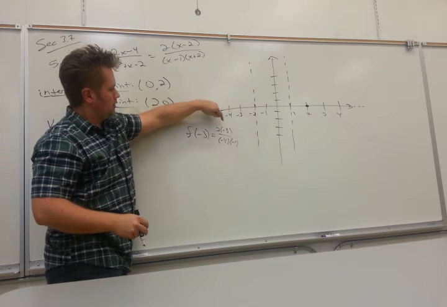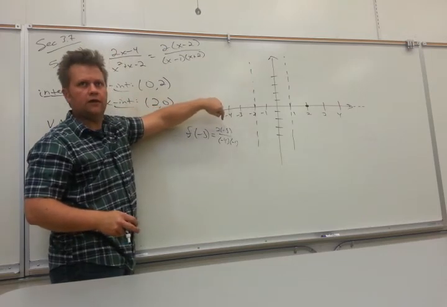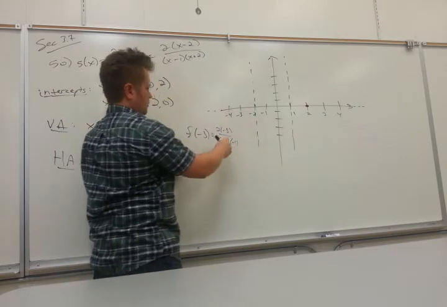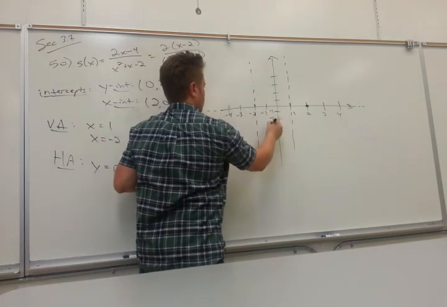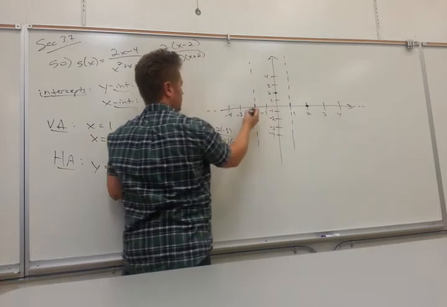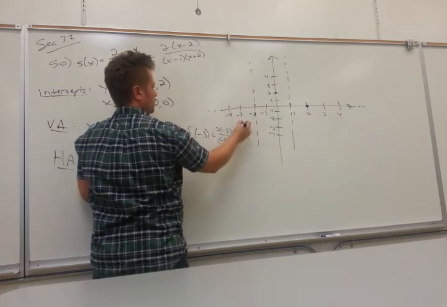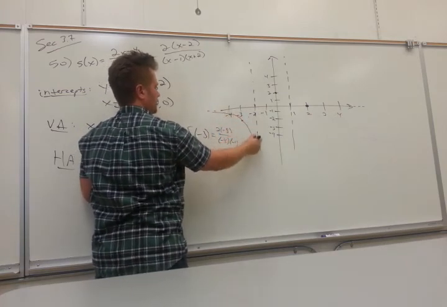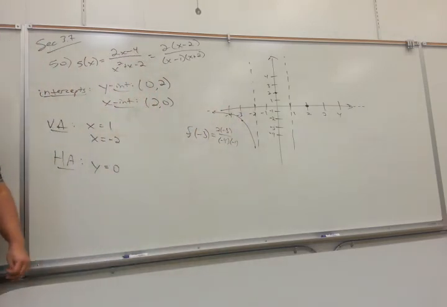So it looks to be 10 over 4, which is 5 over 2. So negative 2.5. Then I can use this scale. So at negative 3, it's at negative 2.5.